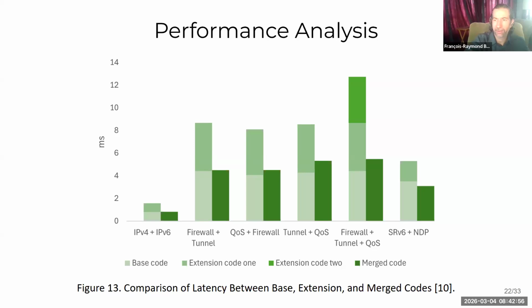Yeah, I can add something on that. If you look at the left columns of each, those that are paler green, you have two stacked columns. One is the base code, the other is the extension code. So if we don't merge the code, we have two complete codes running, so it takes more resources.